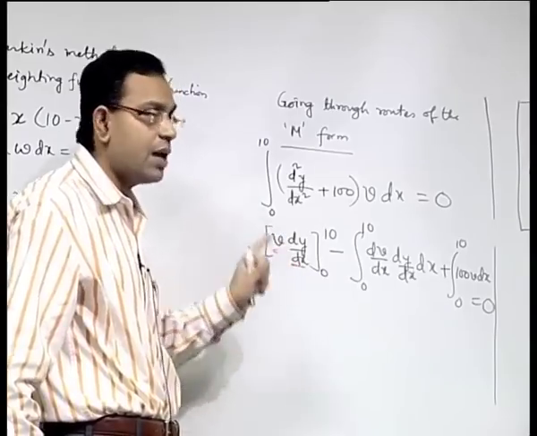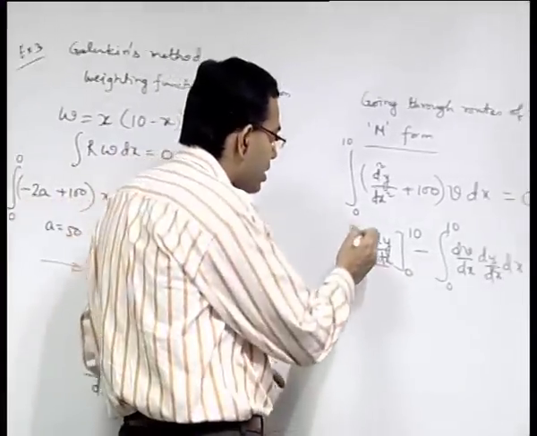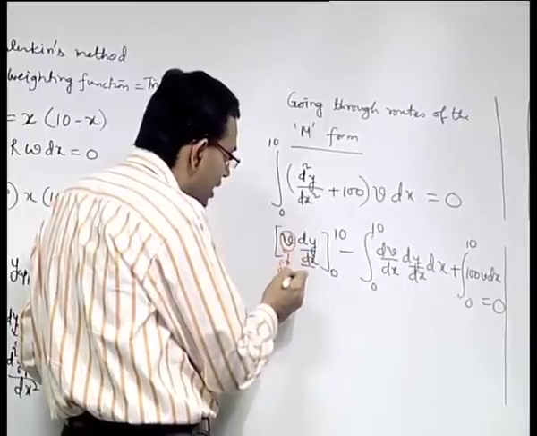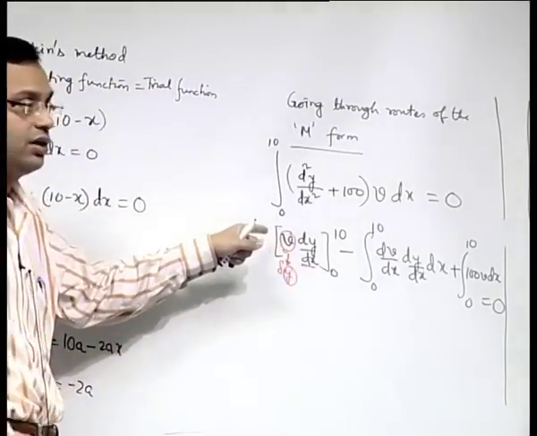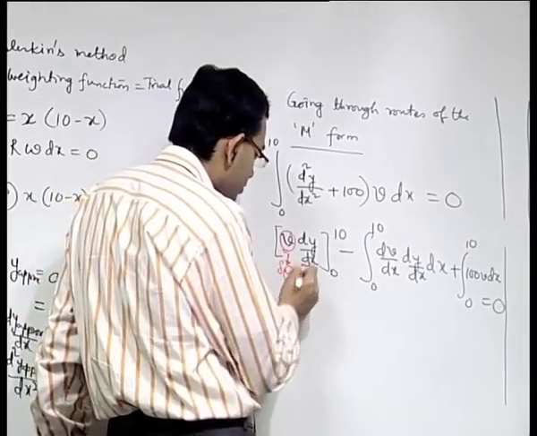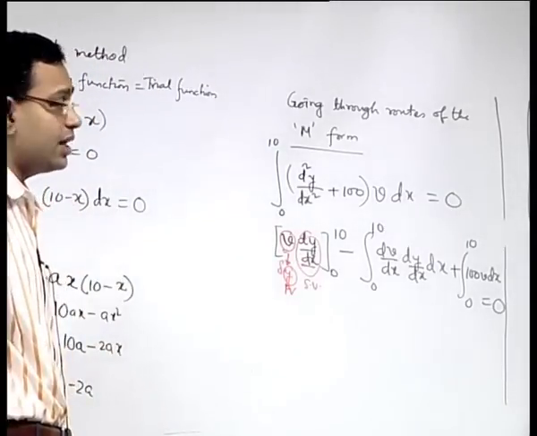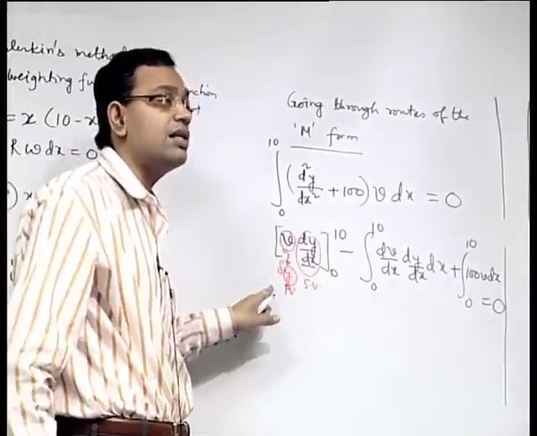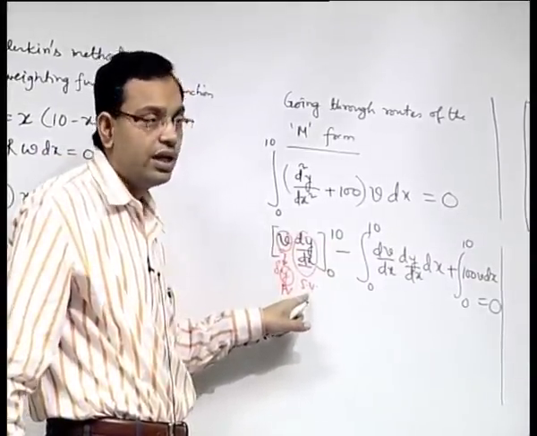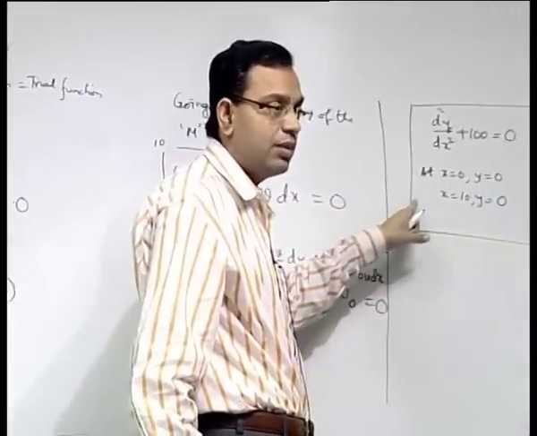So, you have two types of variables, primary and secondary. If this is delta y, then y is the primary variable, not V. And the secondary variable is dy/dx. Specifying the primary variable at the boundary is essential boundary condition, specifying the secondary variable at the boundary is natural boundary condition. Here both the boundary conditions are essential boundary conditions.